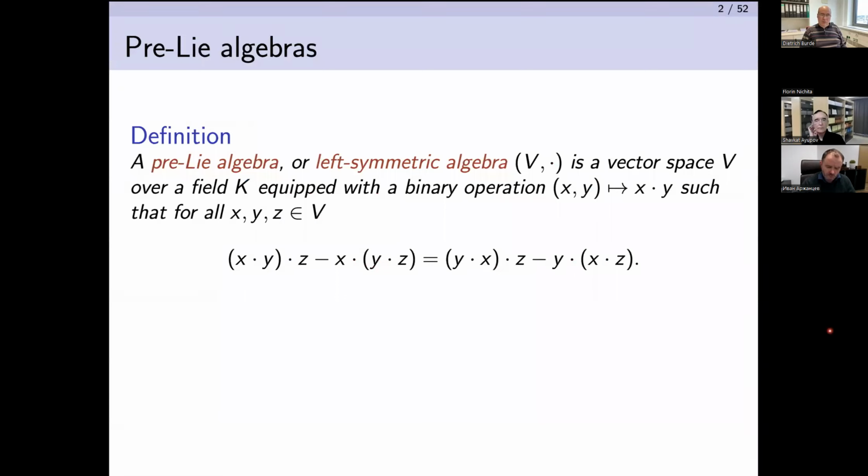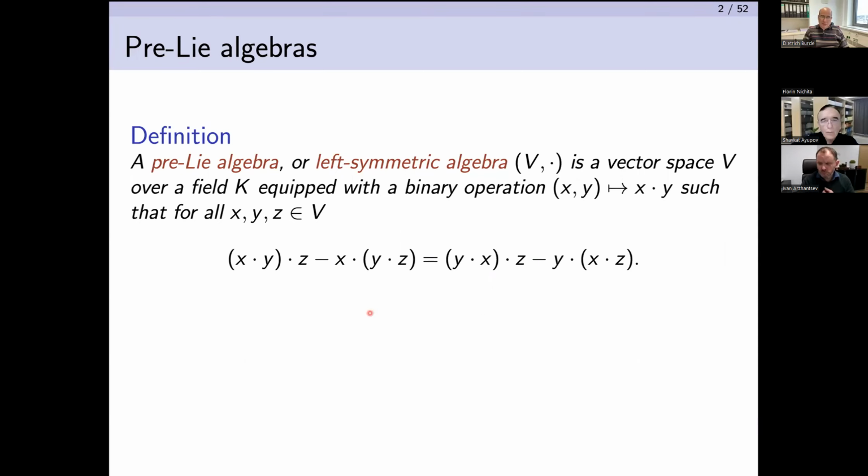So let me start with a definition. A pre-Lie algebra, or what is the same, but Vinberg introduced the other name, left-symmetric algebra, is a vector space over some arbitrary field together with a binary operation, an algebra product, such that you have an identity.